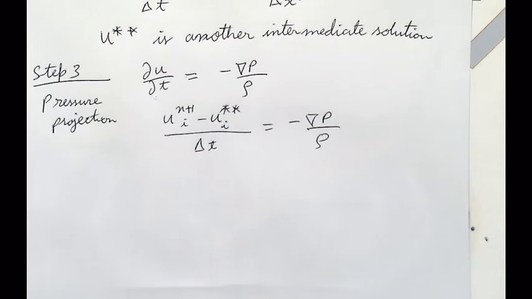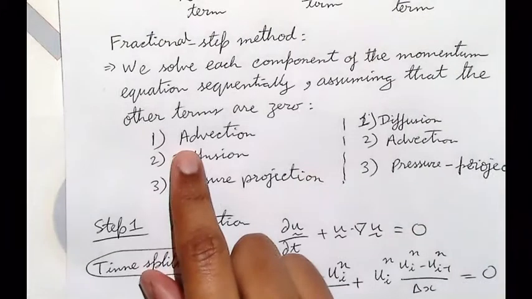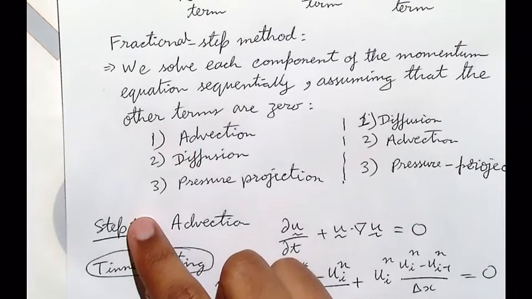So in this method, we have assumed that advection is the fastest and pressure projection would be the slowest. That's why we have followed this. You mean the speed of solution, do you mean? What do you mean fastest?